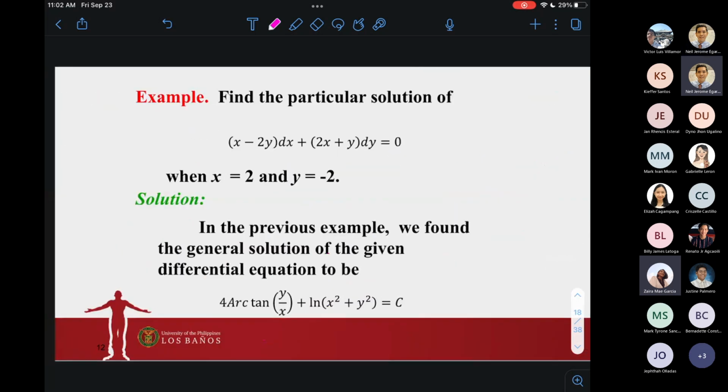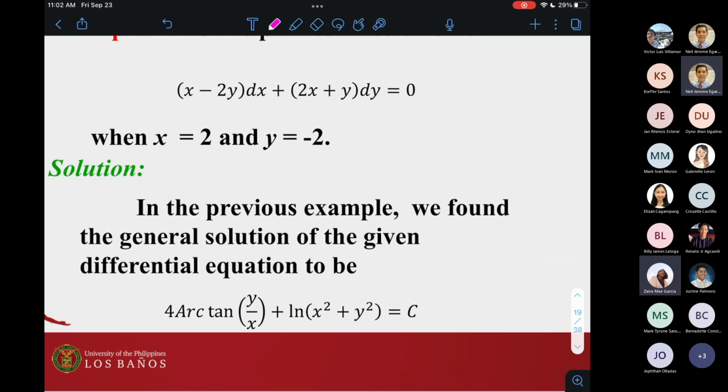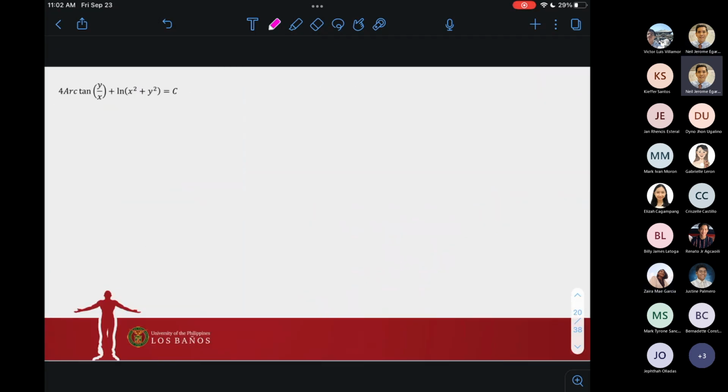Yeah, is this guy. Ito pala yung space ko para dun sa solution.